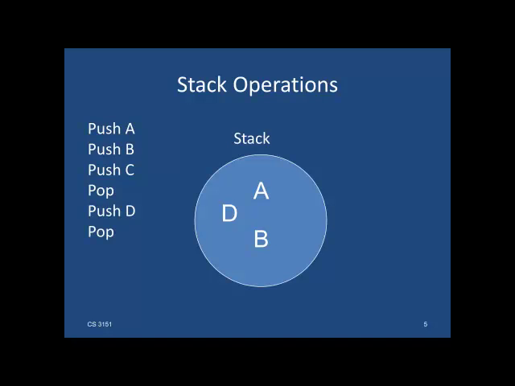If we perform the pop operation, D will be popped from the stack. The peek operation returns B. The pop operation will remove B, and the last pop operation removes A.